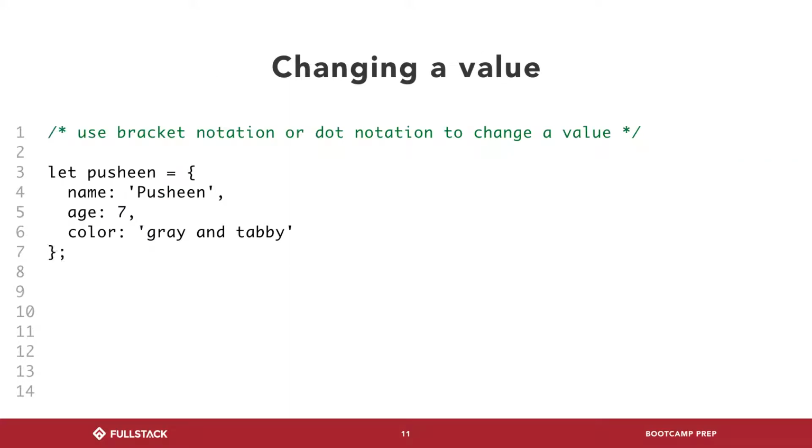Changing a value, then. I think this gets to Francisco's question earlier: what if I have a key and I want to replace it with something else? Well, you're literally just replacing the value. Here we define Pusheen and say the age is 7. Then down here we say Pusheen age equals 8. This is the same as if I have an array with 3 things and I say array index 0 equals something else. I'm just replacing the previous value with the new value.